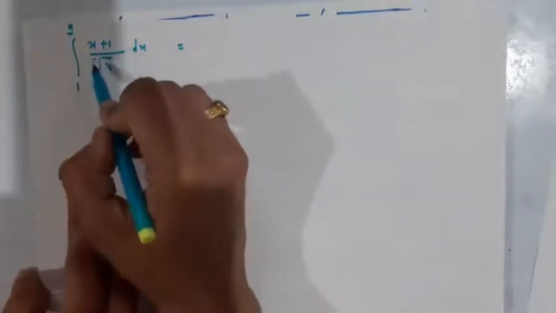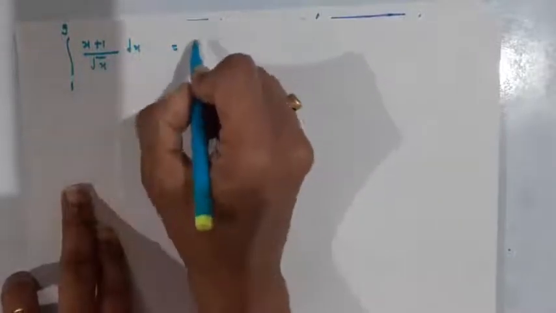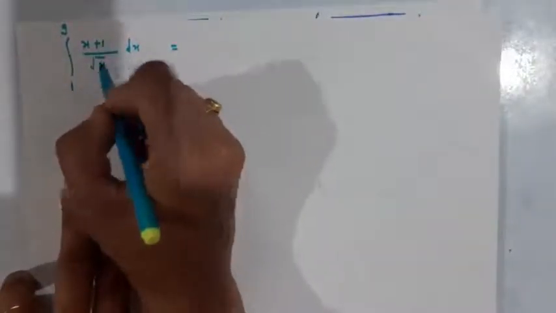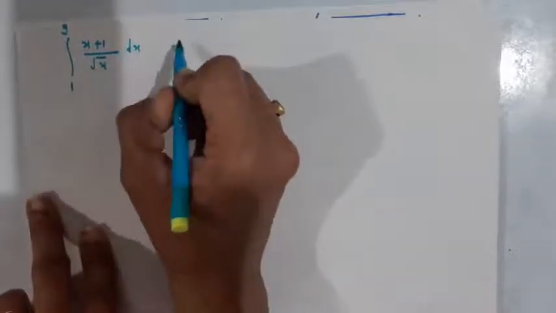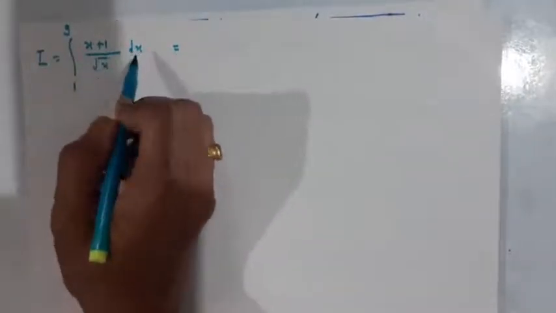Let us solve the first integration, that is the integration of x plus 1 upon root x. To solve this, first simplify the problem: the first term upon root x plus 1 upon root x. Now let the integration I equal the integral from 1 to 9 of x plus 1 upon root x with respect to x.